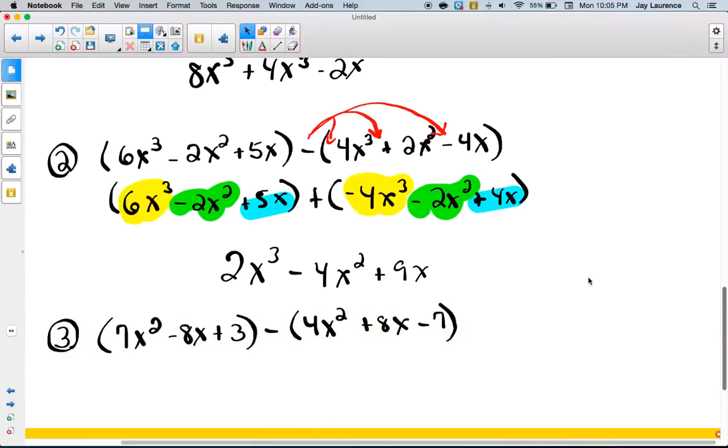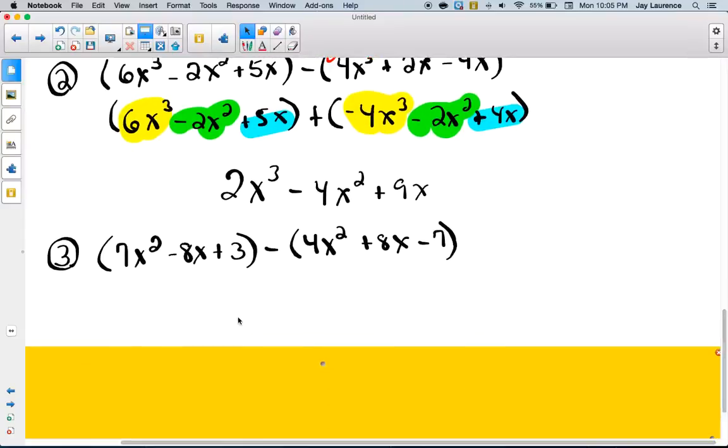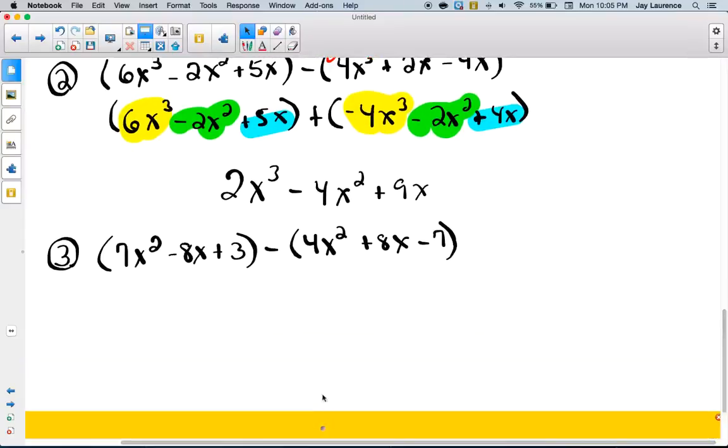Why don't you go ahead and try this one on your own? You can pause the video, and you can look and see my answer when you're ready. If you're still watching, I'm assuming you've already done the problem and are ready to go. I know that I'm going to have 3x squared. Yeah, I'm not showing all the work, okay, but I've got 7x squared minus 4x squared.